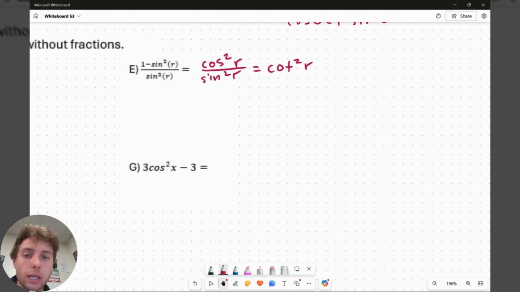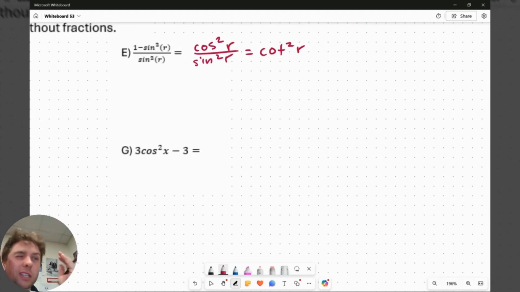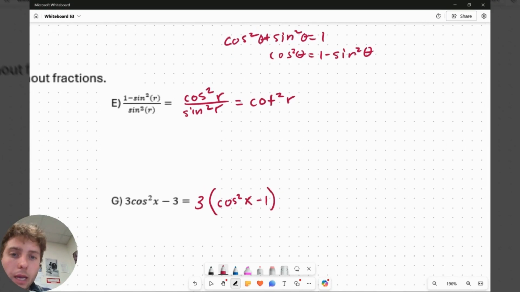Okay, I look at G, and G might be a little bit more confusing because when I see these Pythagorean identities, I know the number 1 is in them, but I see this value of 3. I don't like 3. It's not in any of those identities. Okay, well, let's get rid of the 3. Let's factor it out. It's been factored out. Well, notice the inside now has that value of 1. So, okay, maybe I look at this top equation again.